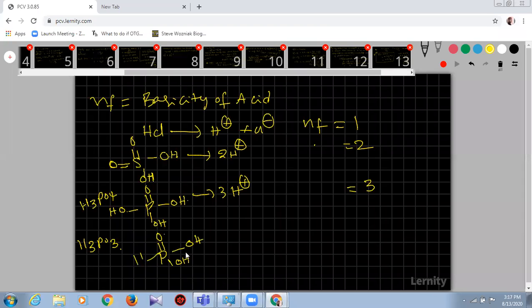If it wants to release a proton, only the hydrogen attached to oxygen will be released as proton. Hydrogen attached to phosphorus or sulfur or any other element won't be released as proton. This is one to remember, because oxygen is more electronegative and withdraws electrons from hydrogen. Other elements cannot withdraw electrons from hydrogen easily, so that cannot be released as proton. That's why only 2 protons can be released, and the n factor is 2.